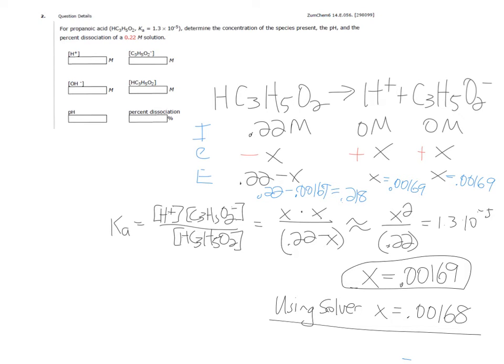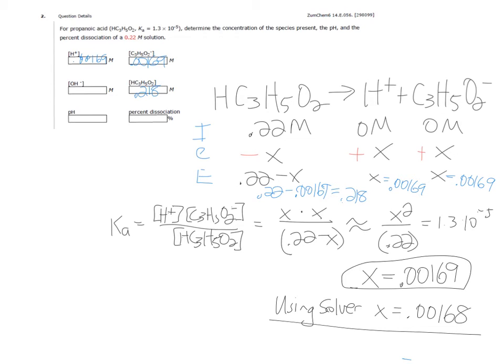That gave us several of the answers the problem wanted already. Let's go ahead and record that. The concentration of hydrogen at equilibrium is 0.00169. The concentration of the conjugate base, propanoate, 0.00169. The concentration of the acid, 0.218.